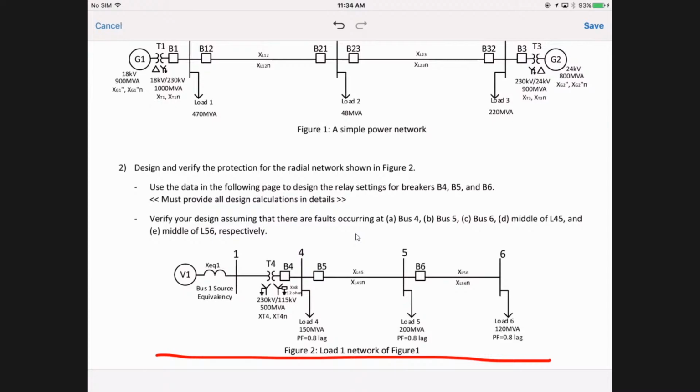So now I ask you to design the relay for breakers 4, 5, and 6, and then verify if I have a fault here, whether it operates correctly, and if this is stuck, whether the backup is working properly. You verify it.